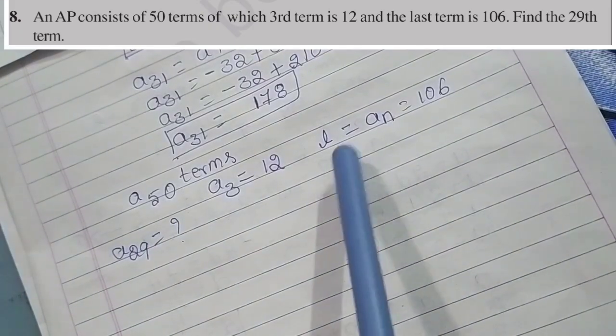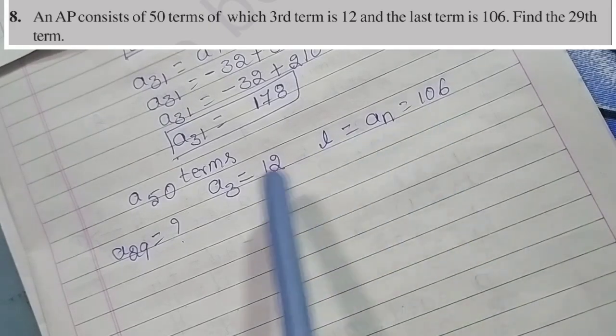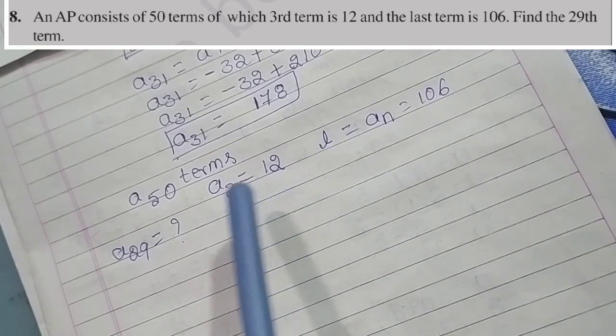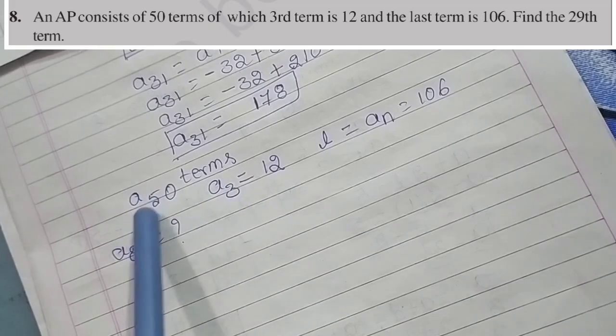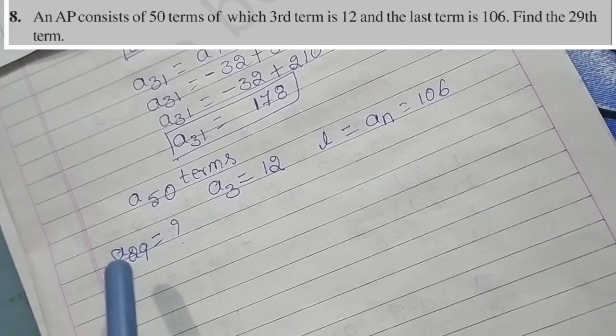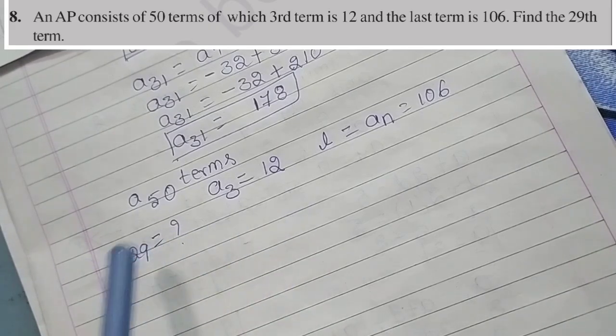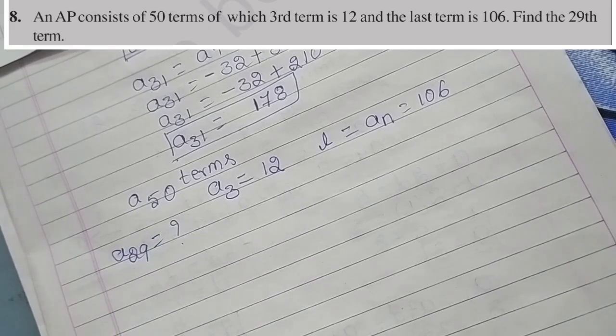They have given that the last term is 106, the third term is 12, and this AP consists of 50 terms. We have to find A29. For that we need A and D to find the 29th term.